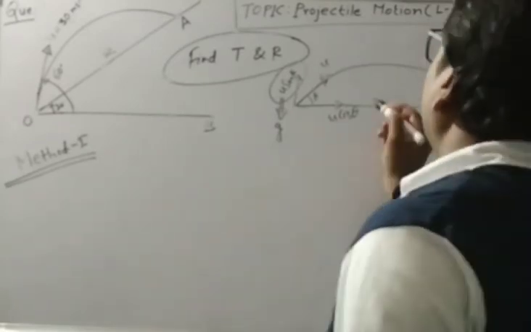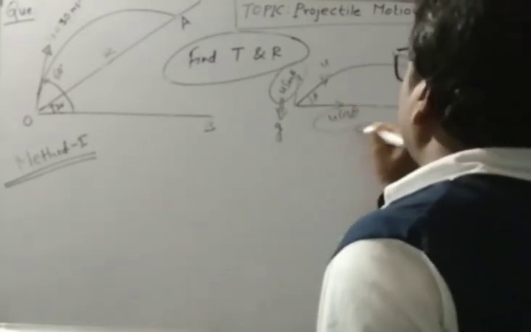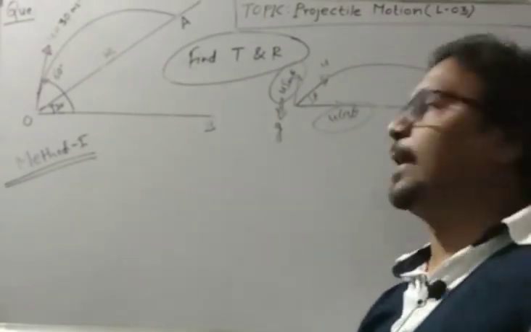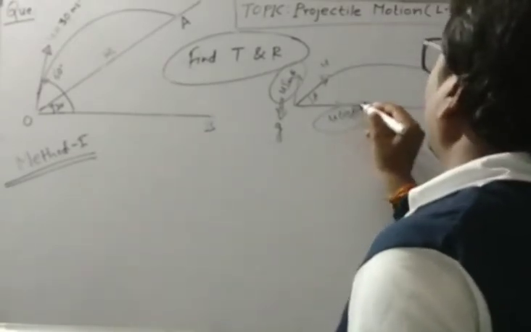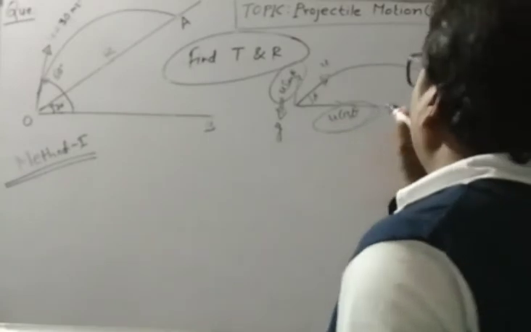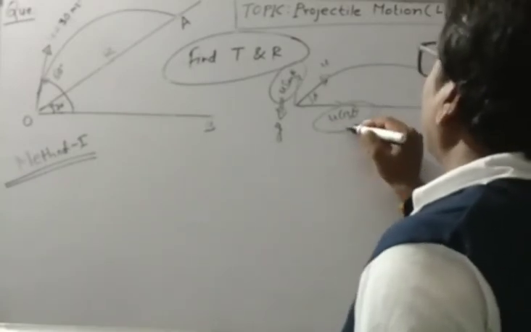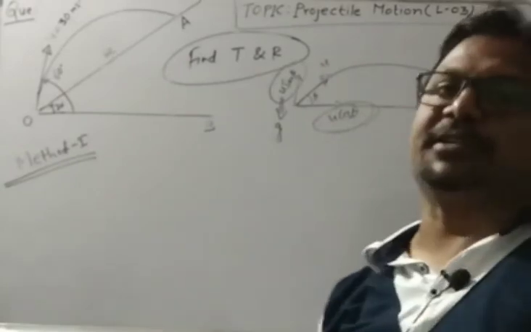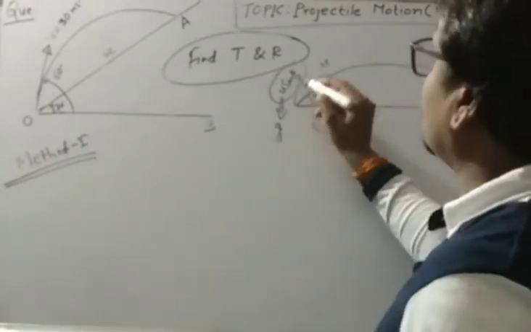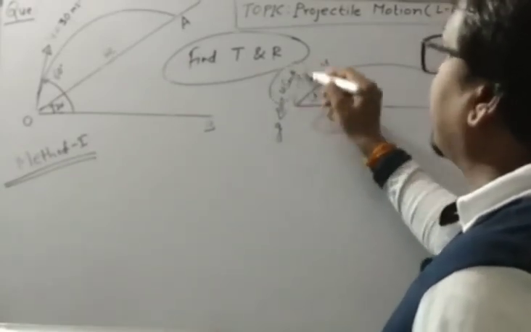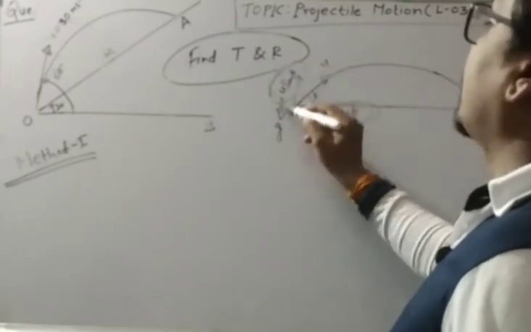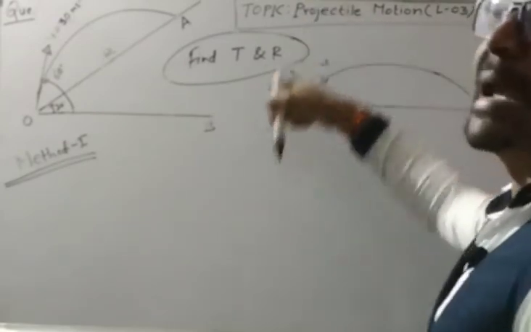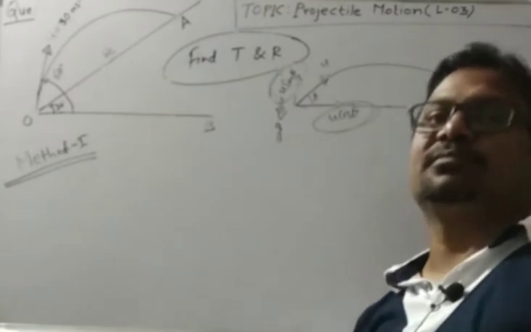And another component is u cos theta, and corresponding to u cos theta there is no acceleration of any kind. This velocity is constant, but corresponding to the vertical velocity there is an acceleration which acts in the backward direction.